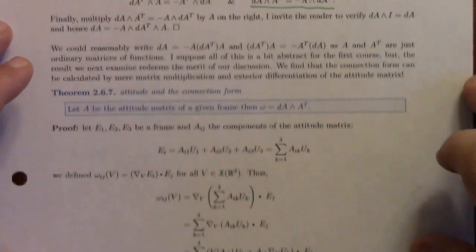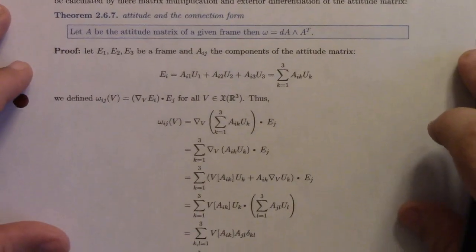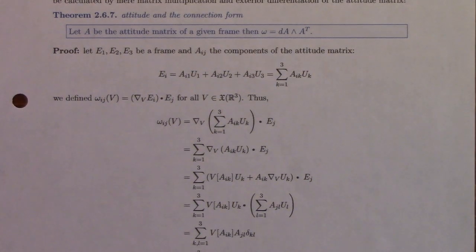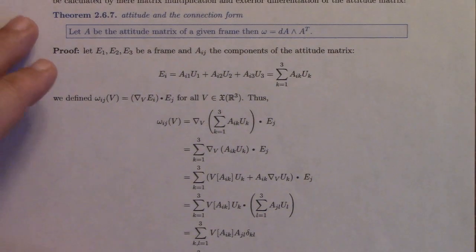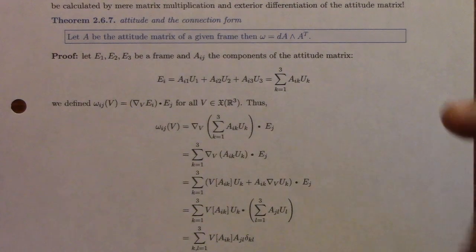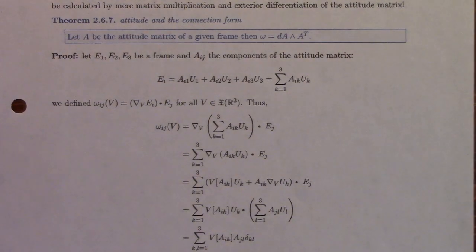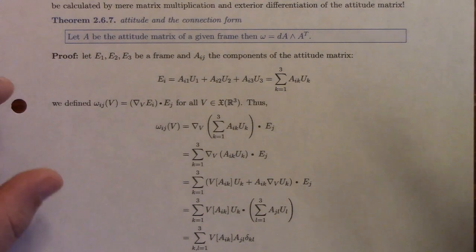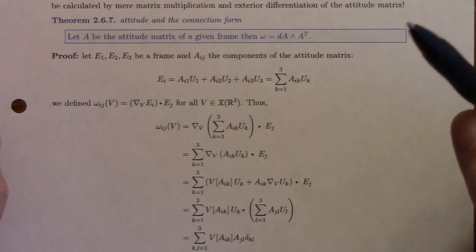Here's the theorem we get from that, among others. If A is the attitude matrix of a given frame, then in fact the connection coefficients of the frame are given by dA wedge A transpose. Just to remind you, at this point you might be like, well, I don't remember what the attitude matrix was.